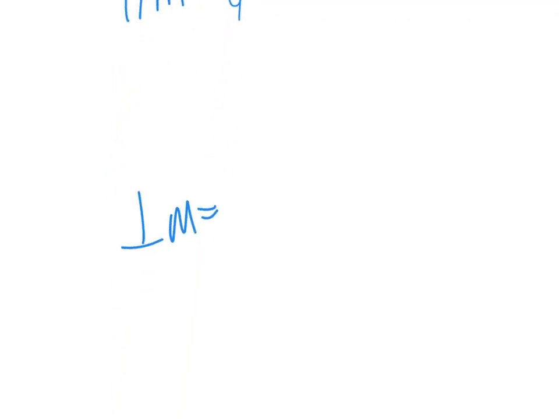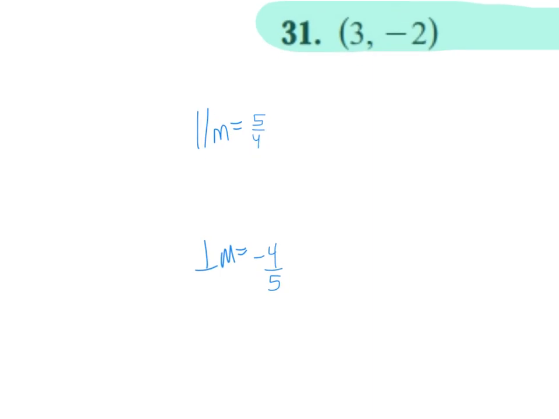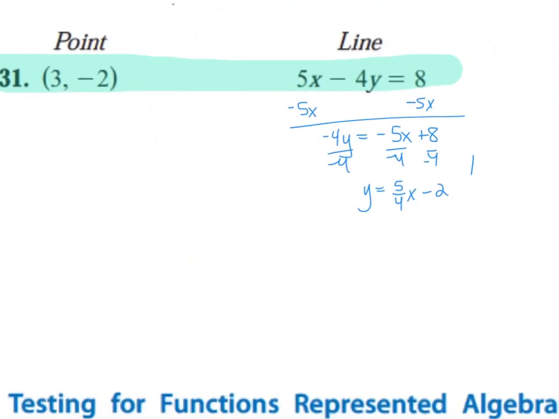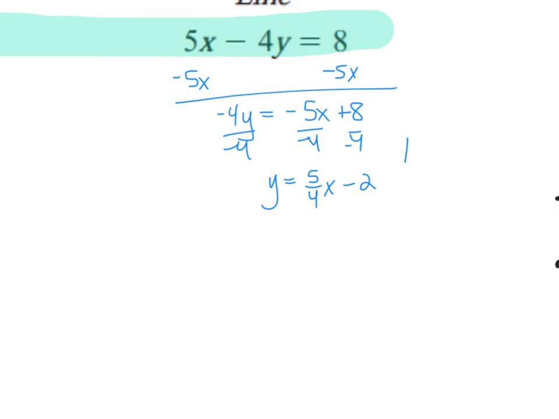When I do the perpendicular line, what is the slope that I will use? -4 over 5. Does anybody have a question? All I did was get this line into y equals mx plus b. See that? And then for the parallel line, I'm going to use the slope 5 over 4. And for perpendicular, I'm going to use -4 over 5.